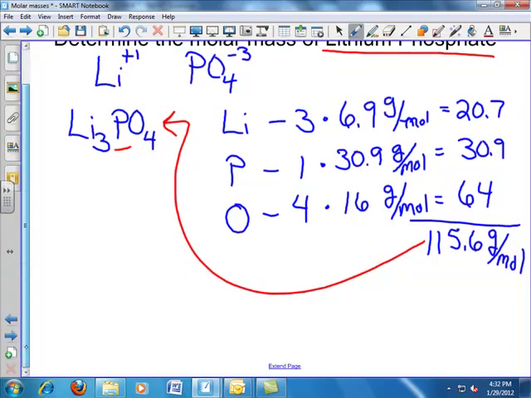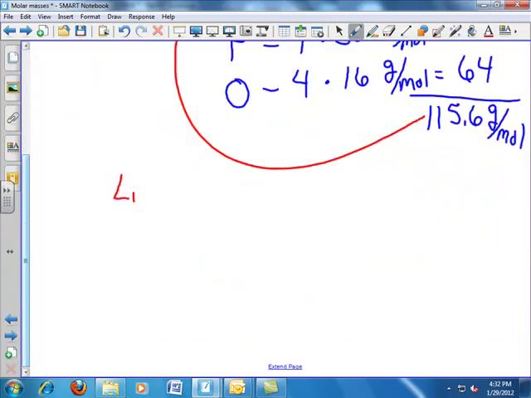So lithium phosphate, Li3PO4, has a mass of 115.6 grams per mole.